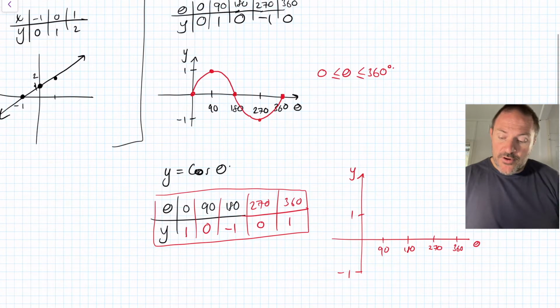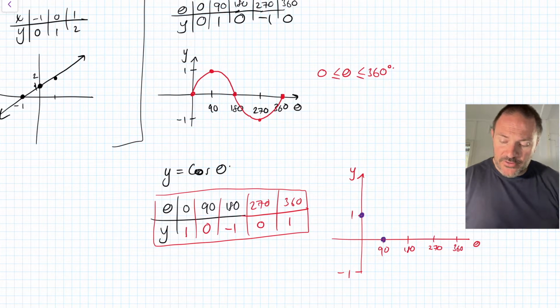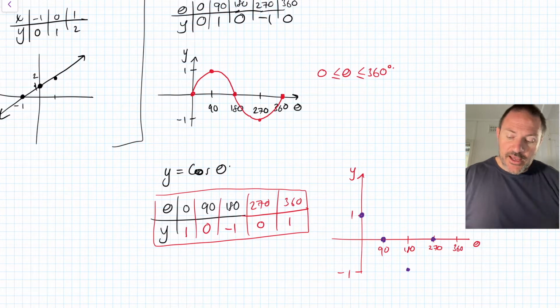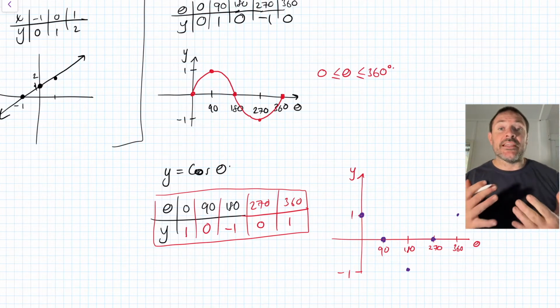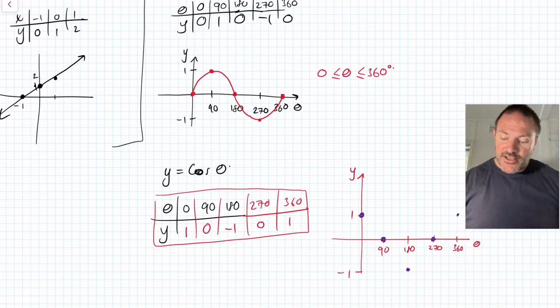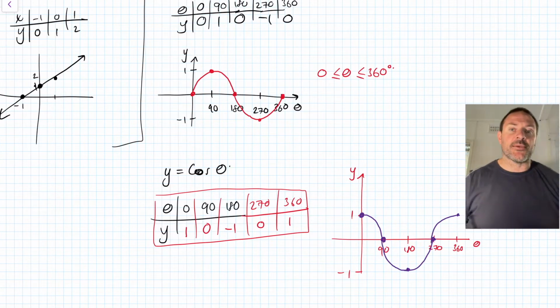So 0, 1, slightly different to the sine graph, it starts at 1. Then 90 and 0, 180 and -1, 270 and 0, and 360 and 1. Now, again, it kind of looks like a big V, doesn't it? But we know it's not a linear function, so it's not straight lines. It's going to look like this, believe it or not. So again, we see those parabola shapes.